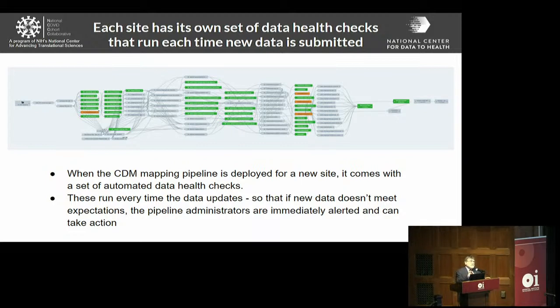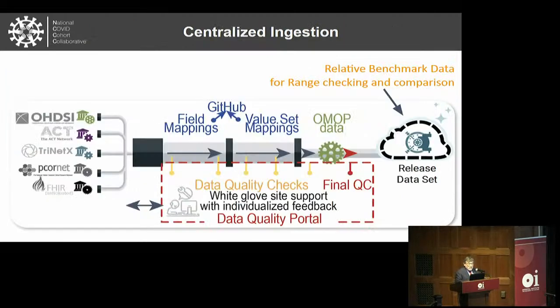That's possible in a federated environment, but darn hard. And it becomes trivial in a centralized data environment to do this comprehensive benchmarking, which is what you're seeing here in this space where we do the deployment and run that information.